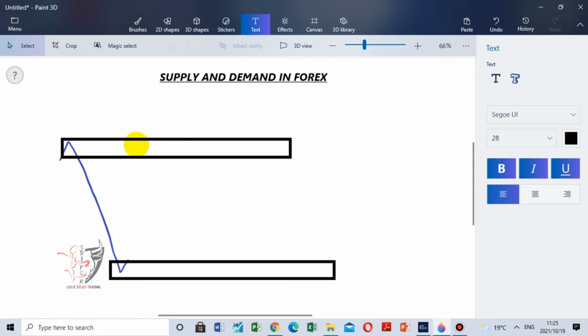So this right here will be our supply, and this right here will be our demand. The one below is our demand.